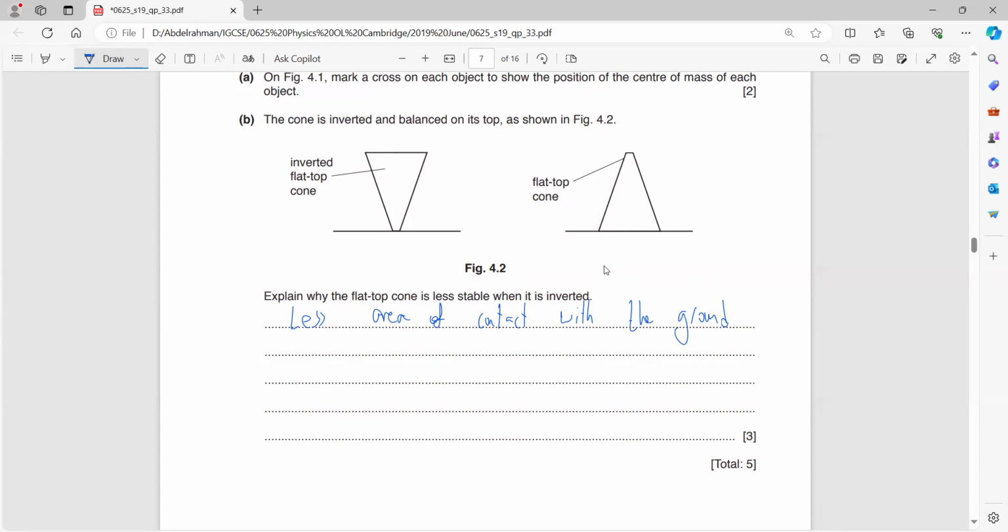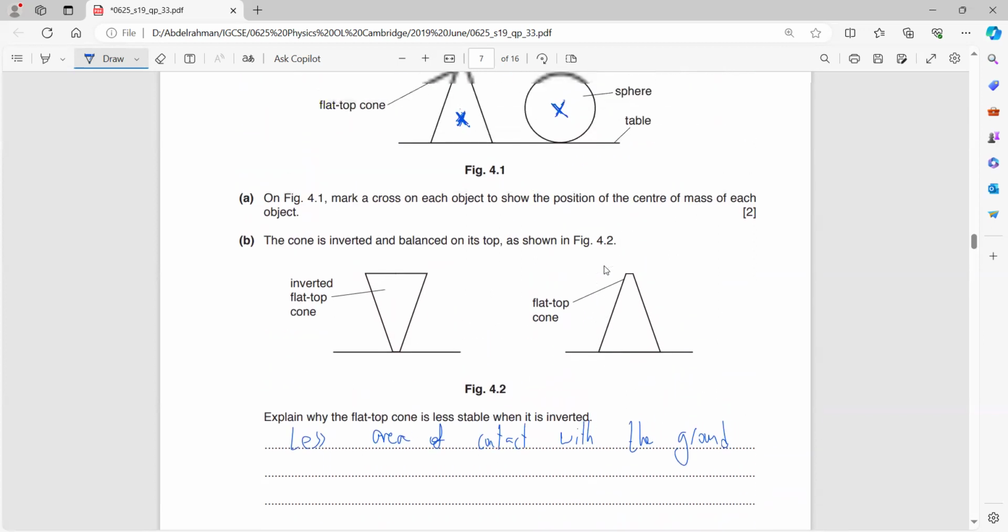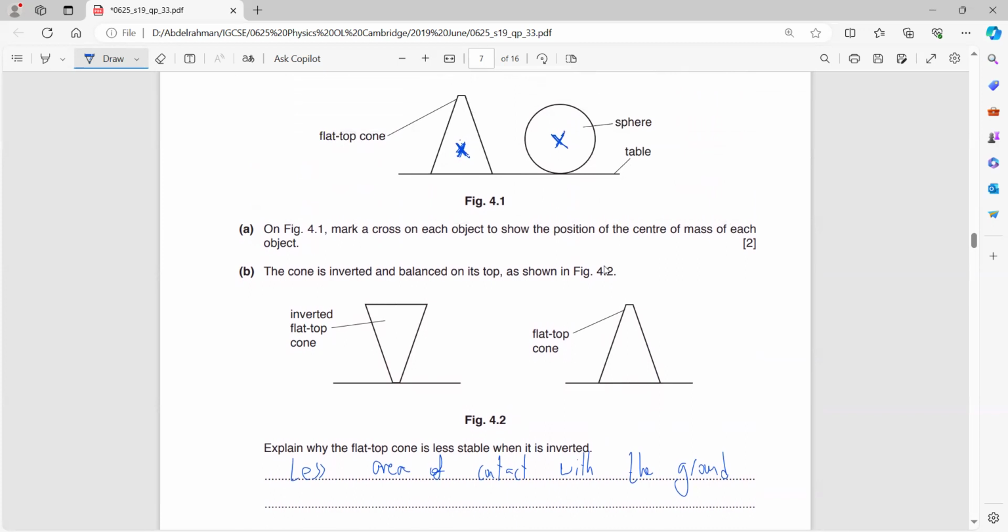We had 2 points for the stability. One of them, yes, was less area. When we increase the area, we increase the stability. What's the other point? How is this less stable? It has to do with the center of mass. Initially the center of mass was quite low.